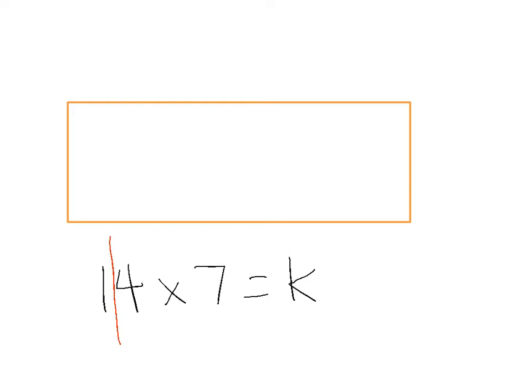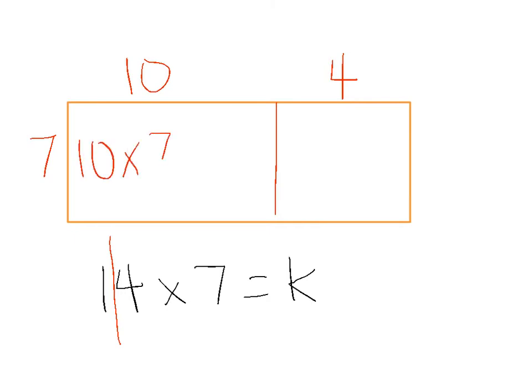So what we would do is instead of multiplying 14 times 7, we'd look at our array and we'd break it up into two parts, with this part being 10 and this part being 4. And then we'd multiply each of those boxes by 7. So 10 times 7 and 4 times 7.